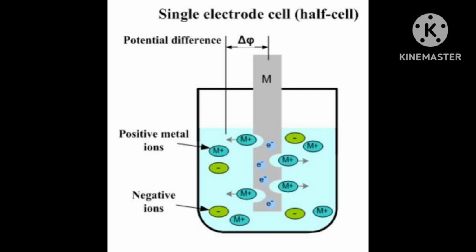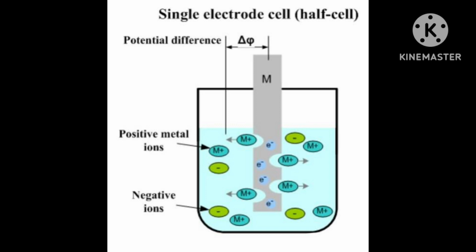This is the way to represent the anode. The best example you can take is the Daniell cell, where Zn is the anode and copper is the cathode.